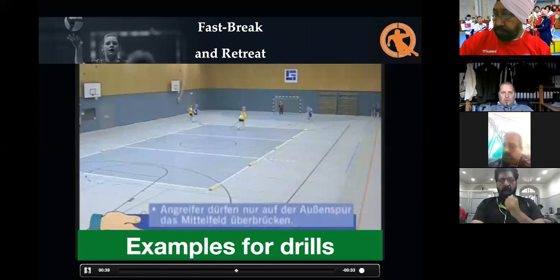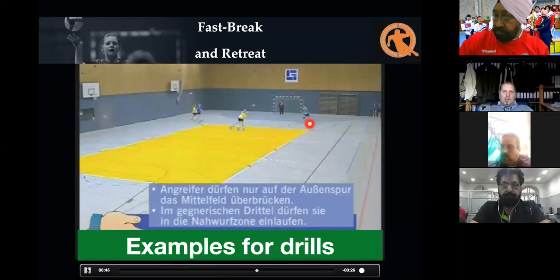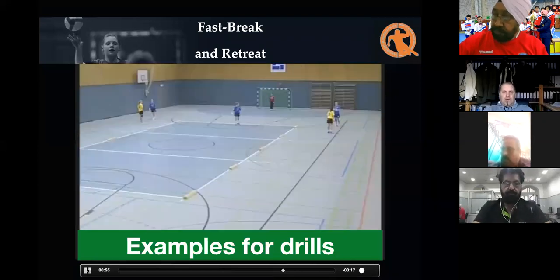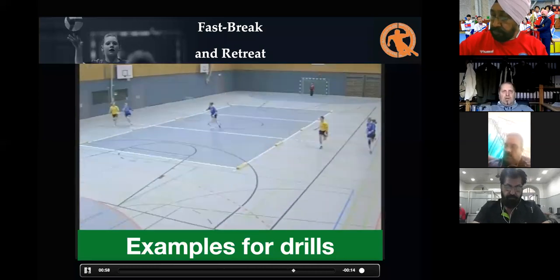So it's possible to run outside that yellow area and then run inside and receive the ball here too. This is possible.